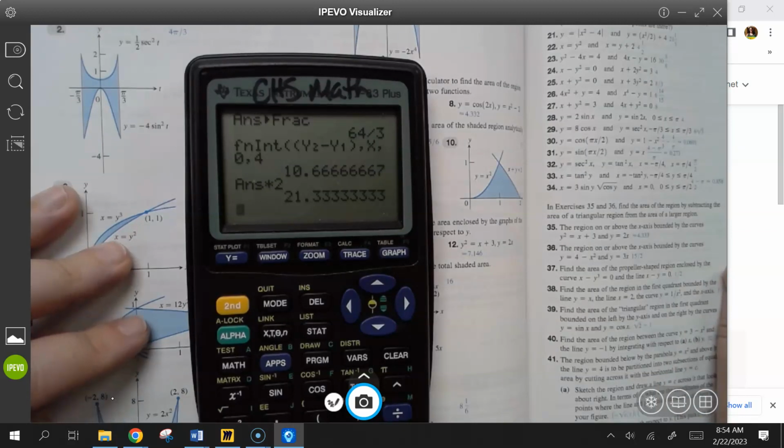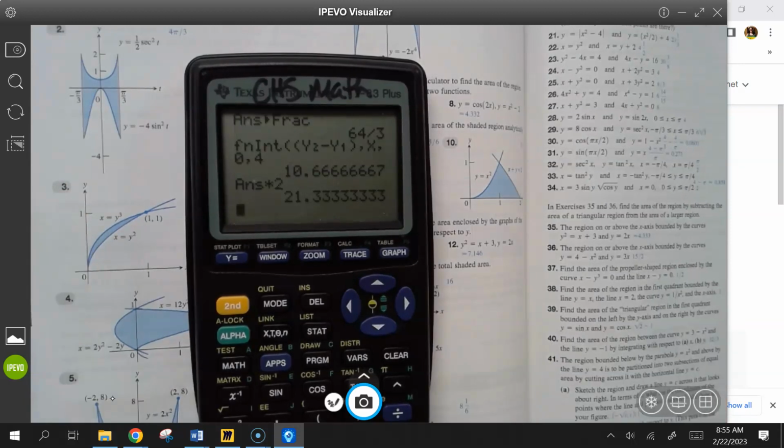How did y'all integrate the absolute value of x squared minus 4? Yeah, I couldn't figure out how to do that one either. You just turned it into parentheses.